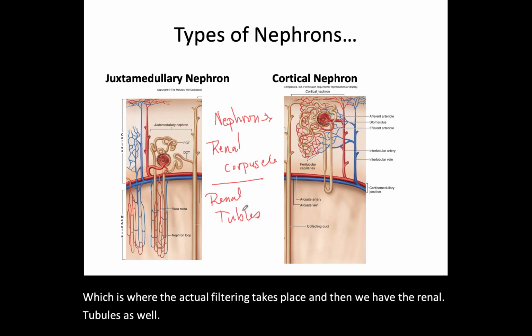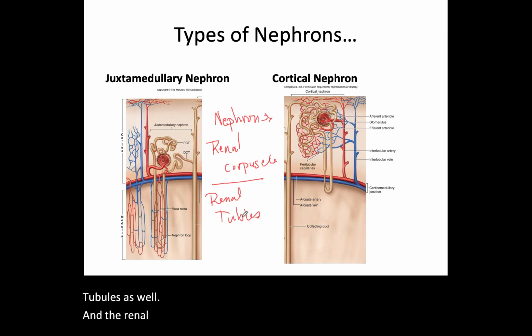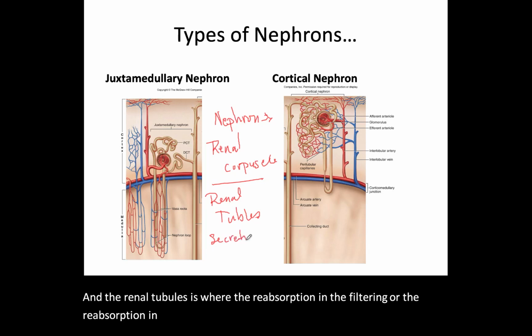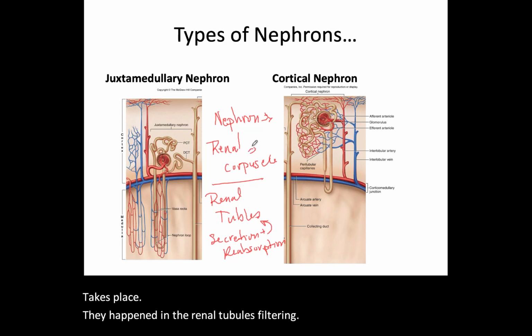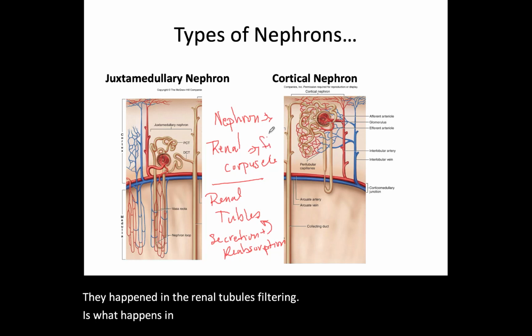And the renal tubules is where the reabsorption and the secretion take place. Filtering is what happens in the renal corpuscle.